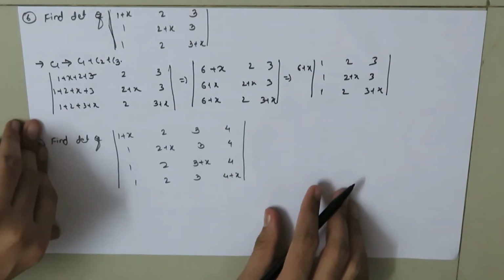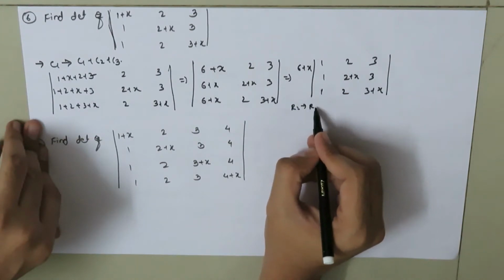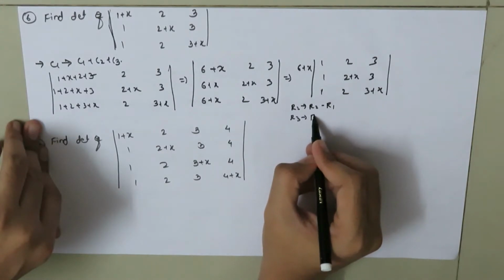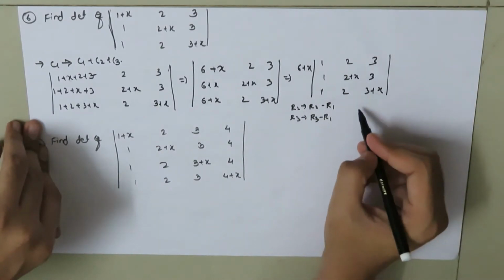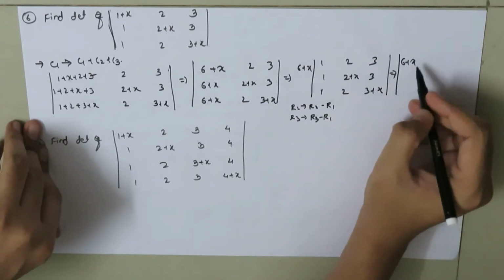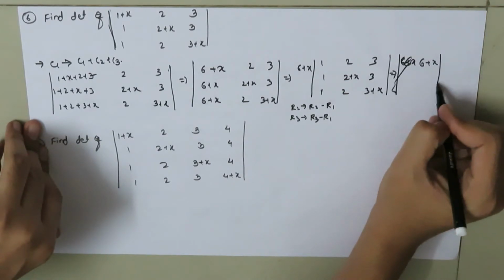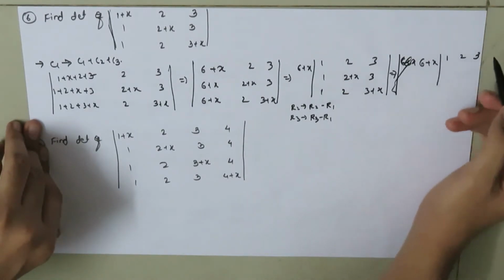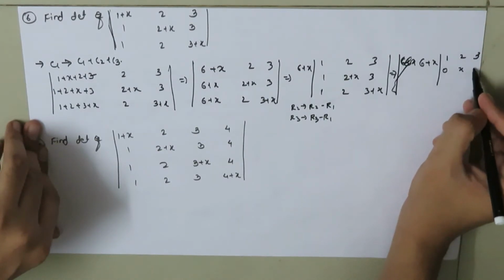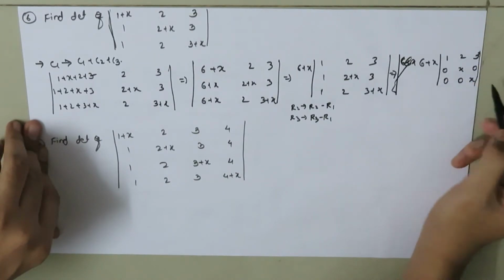And now we perform the row operation such that R2 becomes R2 minus R1, and R3 becomes R3 minus R1. So this will be 6 plus x times 1, 2, 3; then 0, 2 plus x minus 2 is x, and 3 minus 3 is 0; then 0, 0, and x.